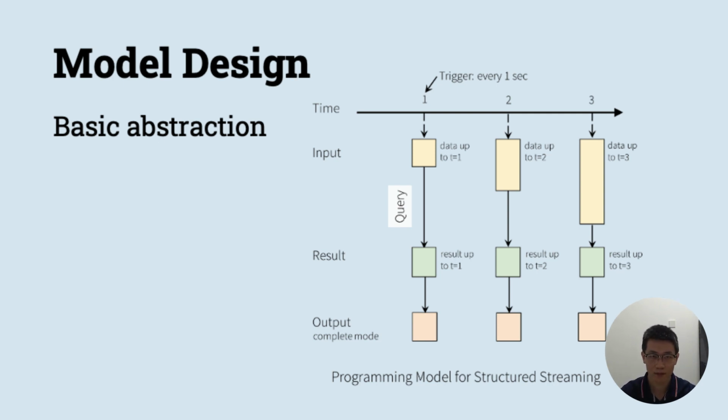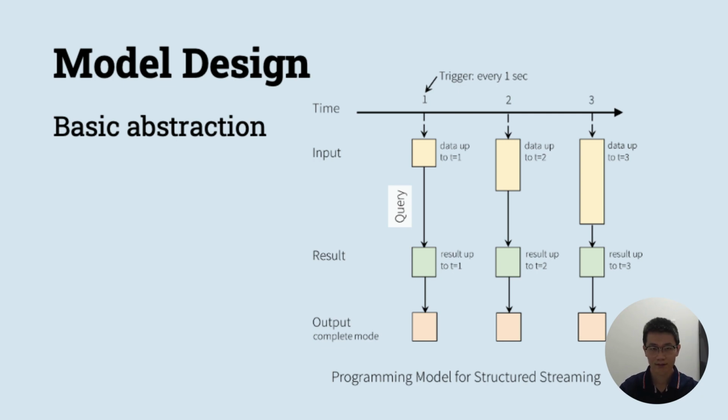When we have 2 o'clock, another batch of data arrives, and the processing result is again saved as an intermediate state. Then, when we have 3 o'clock, our processing engine handles this data and saves it in this state.